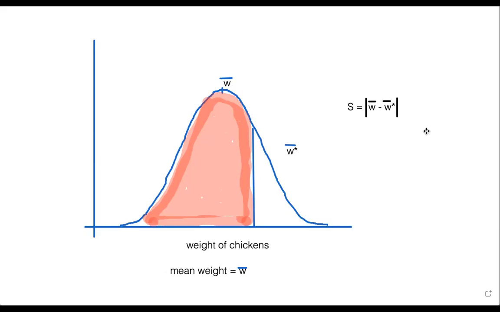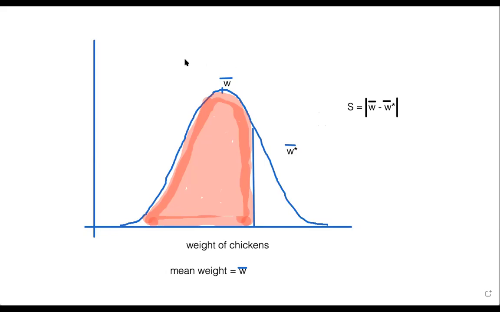Let me see if I got that right. I calculate the mean of the trait before selection, then I do my selection, and I calculate the mean of the trait after selection, and I take the absolute value of the difference between those means, and that is the selection differential. It's a measurement of how strict my selection is.